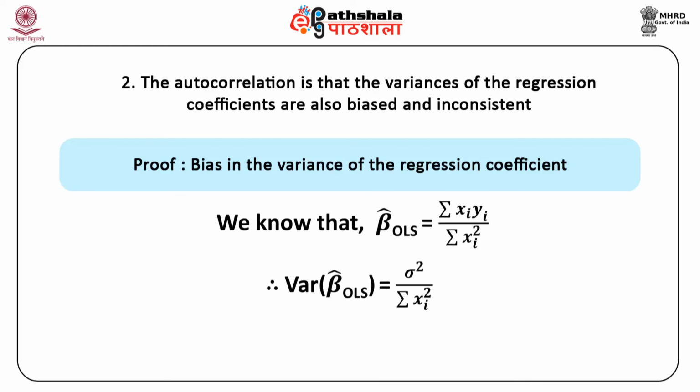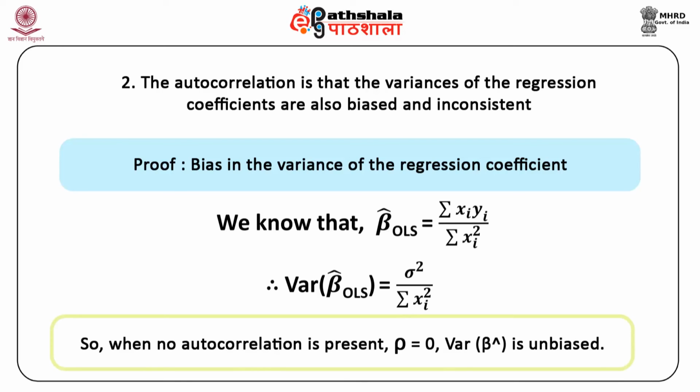Therefore, variance of beta hat OLS is equal to sigma squared upon sigma x_i squared. So when no autocorrelation is present, rho is equal to 0 and variance of beta hat is unbiased.